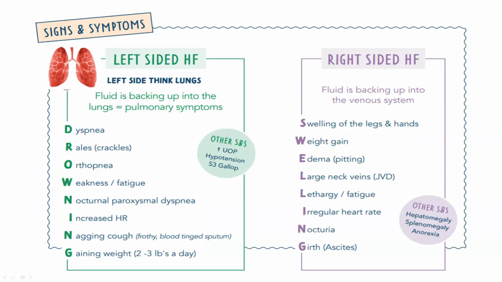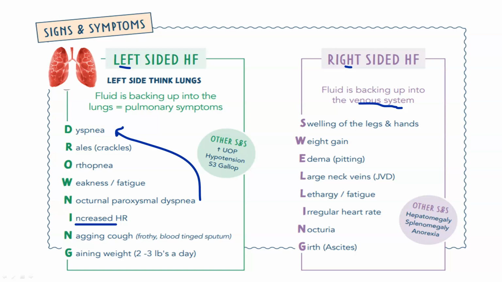I like this. It breaks it down pretty succinctly. So you have left-sided versus right-sided, and left is lung, right side is circulation. So by that we're saying the venous system. So left side, your lungs are drowning: dyspnea, rales, orthopnea, weakness, fatigue, paroxysmal nocturnal dyspnea, which, I think that's a stretch, but okay.